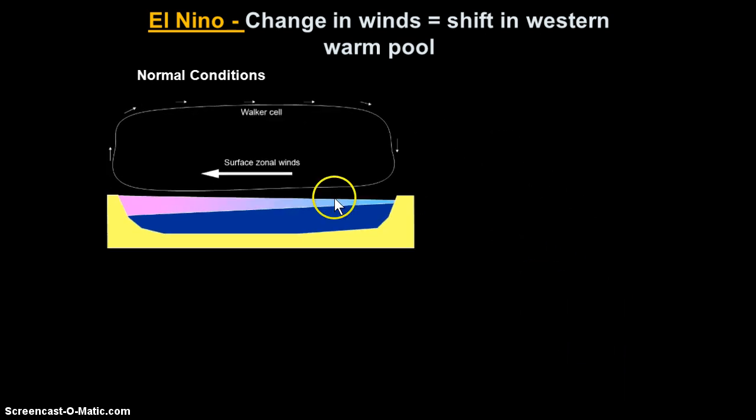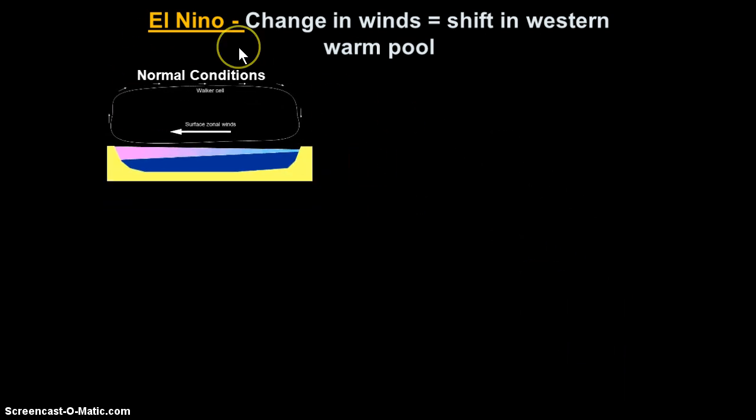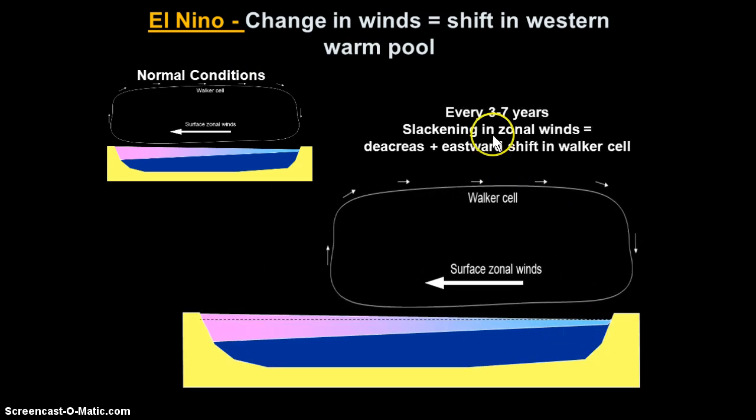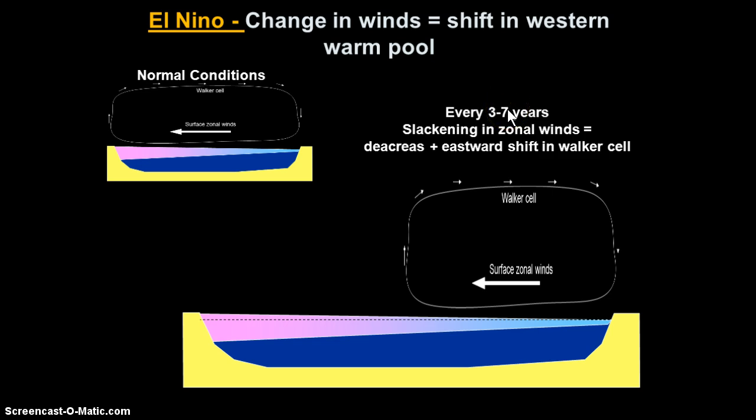productivity. So if we set that aside as the normal conditions, during an El Nino event, which occurs approximately every 3 to 7 years, an event happens, and many people will disagree on what the main cause of these are, or maybe there's several.